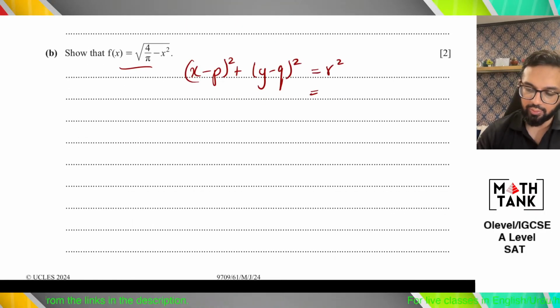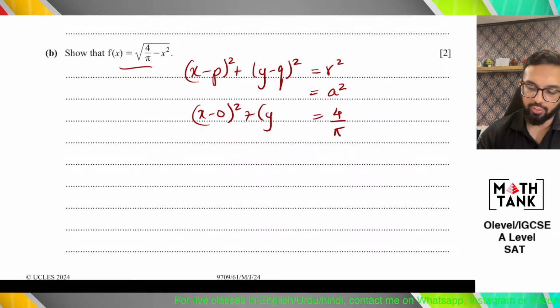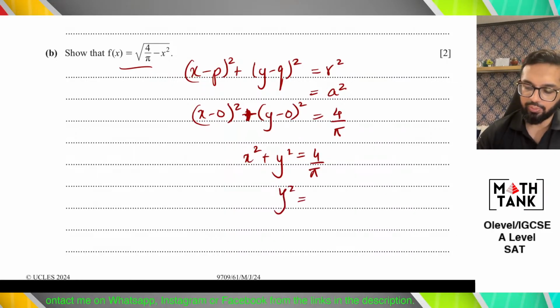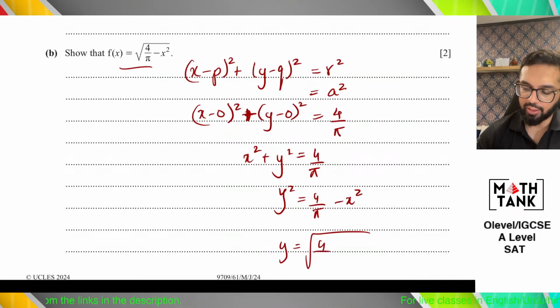Center is 0, 0. So x squared plus y squared equals 4 over pi. Y squared equals 4 over pi minus x squared, and then the function should be root of 4 over pi minus x squared.